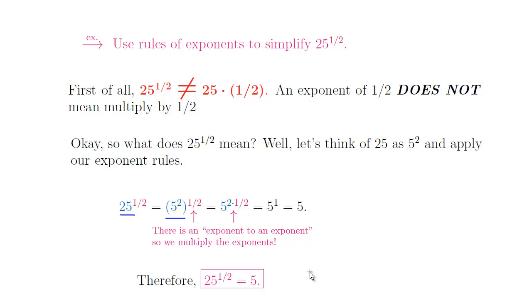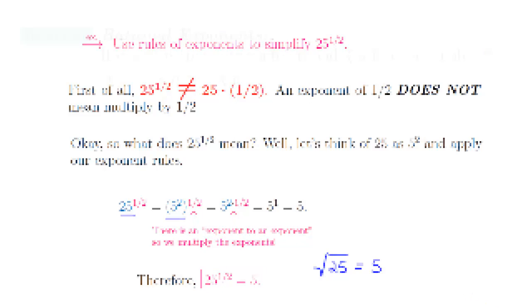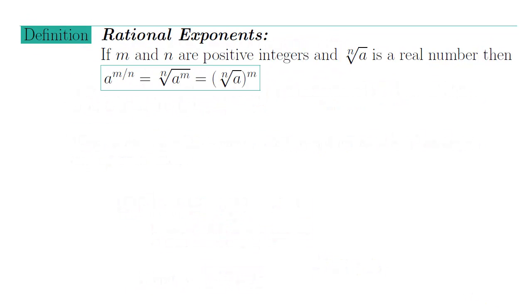Do you see a connection? If I have the square root of 25, that's also equal to 5. Fractional exponents directly relate to radicals or roots. Let's take a look at the actual definition. So let's now take a look at the definition of rational exponents.